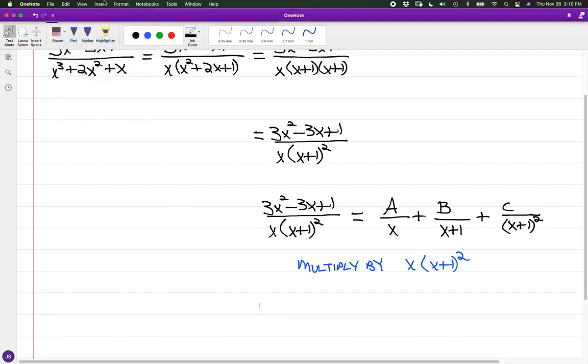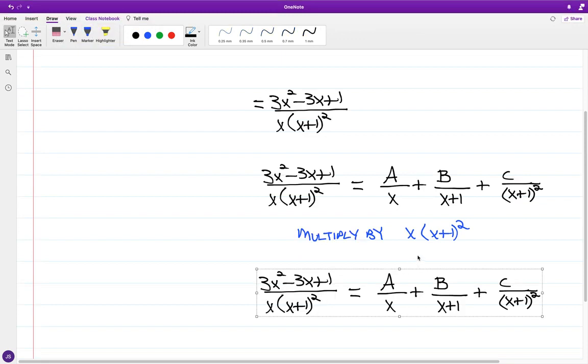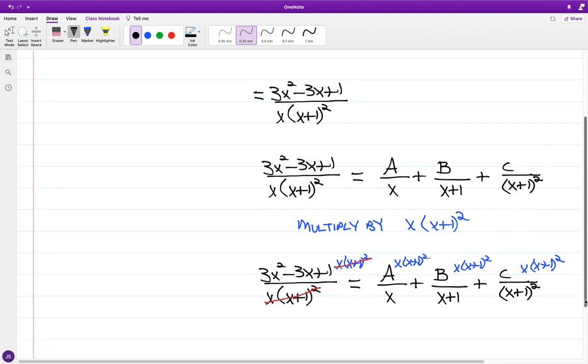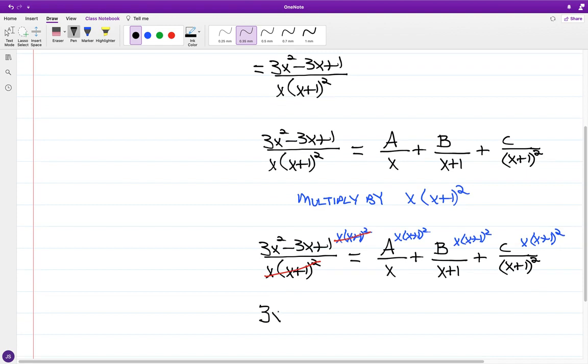And if I take what I have in the ratio, if I multiply by all of x and the square of x plus 1, what's going to happen here is that the left-hand side of the equation will become 3x squared minus 3x plus 1 for what I have on the right.